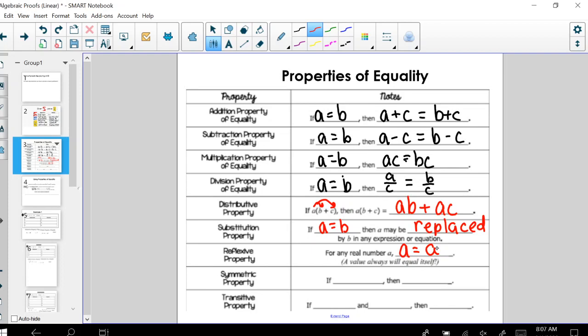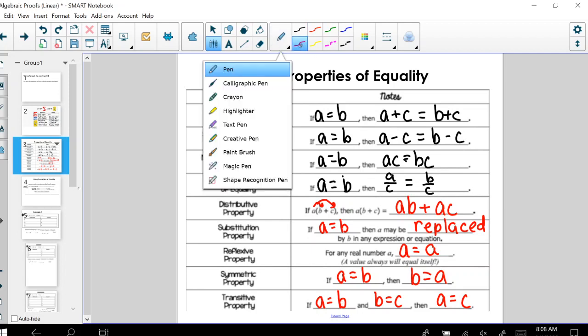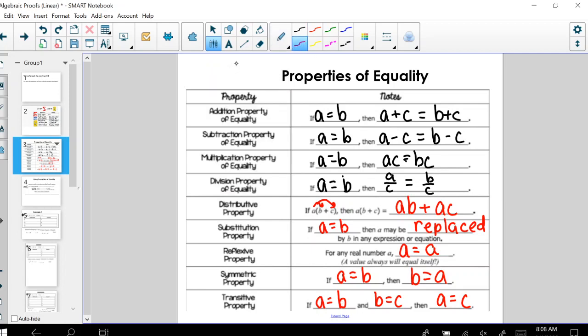For symmetric property, this just means it can go backwards. So if A equals B, then B equals A. Transitive is a little bit different, maybe a trickier one, but if A equals B and B equals C, then A equals C. So if A and C are both equal to B, then if they're equal to the same thing, they're equal to each other.